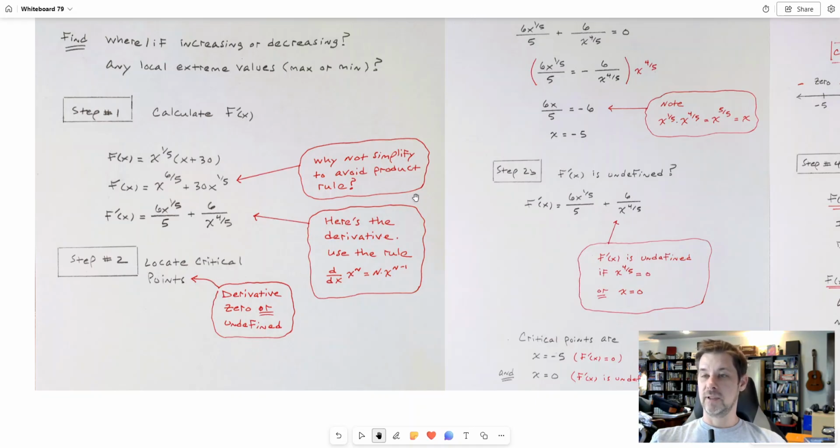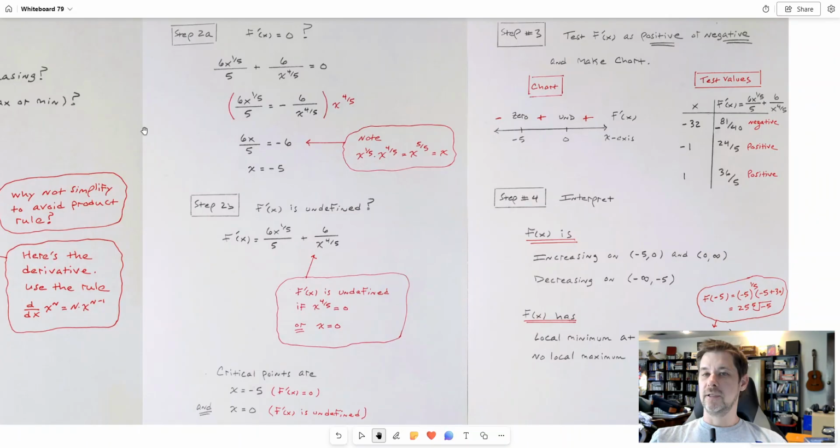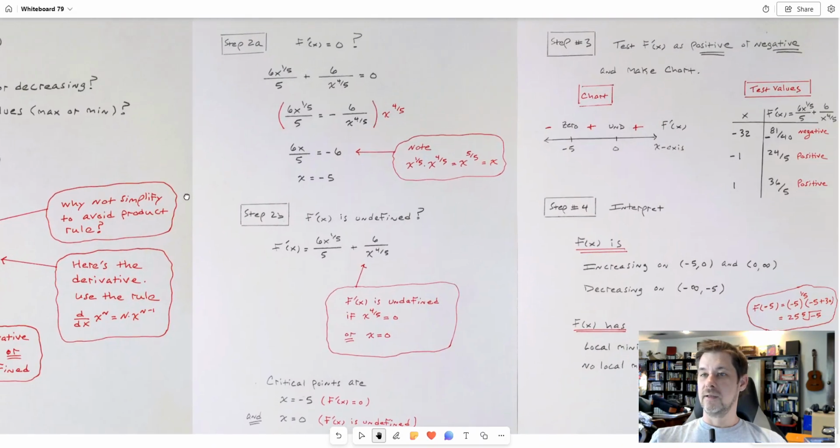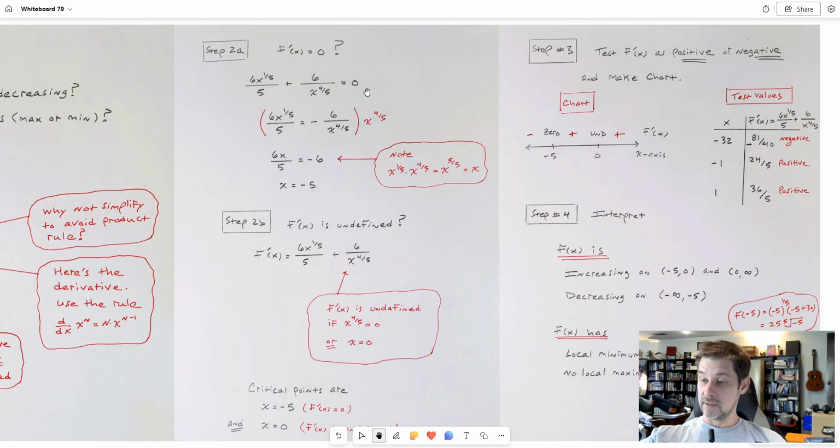So let's explore that. I'll do step 2a and 2b respectively. My first thought is where's the derivative 0? Right here I've taken the derivative that I found and I set it equal to 0 and I see if I can solve it, because that would be an answer to the question where is the derivative 0?